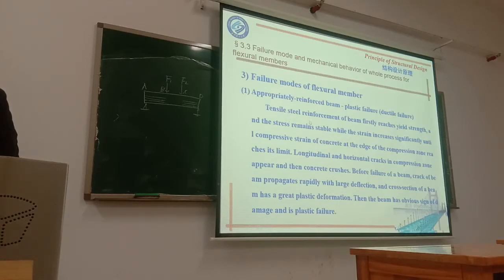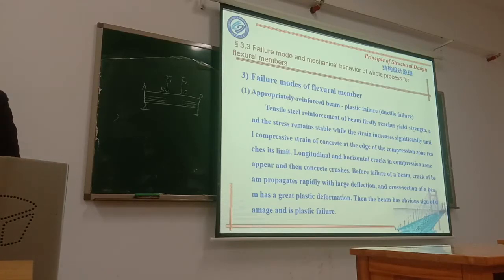The tensile steel reinforcement of the beam firstly reaches its yield strength, and the stress remains stable while the strain increases significantly until the compression strain of the concrete edge of the compression zone reaches its limit. So at the end of the second phase, the steel reaches its yield strength, but the concrete in the compression zone has not reached its compression strength.